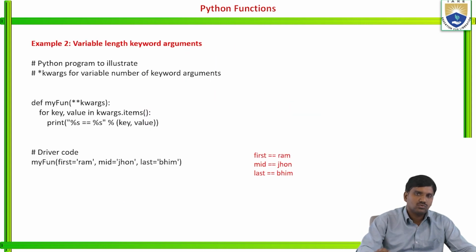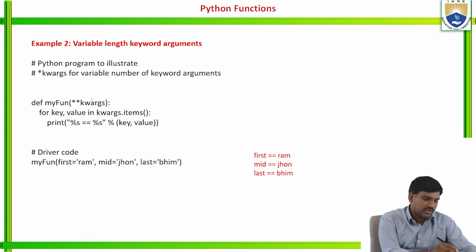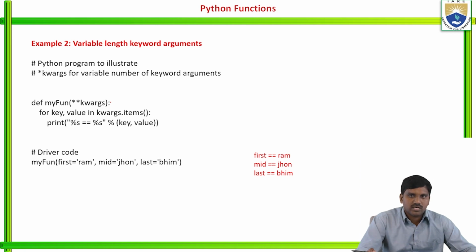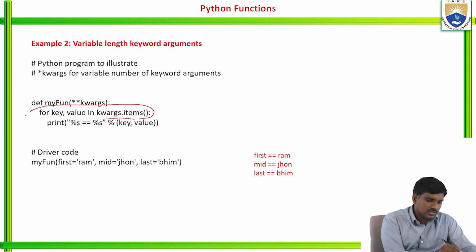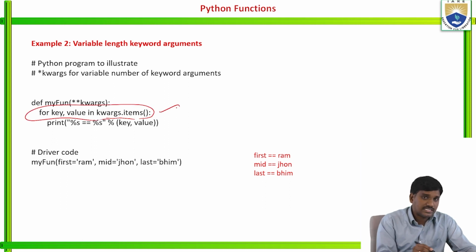So case 2, example 2: variable length keyword arguments. So def myFun(**kwargs): for key, value in kwargs.items(): print("%s == %s" % (key, value)). So just the statement will decide the function output.